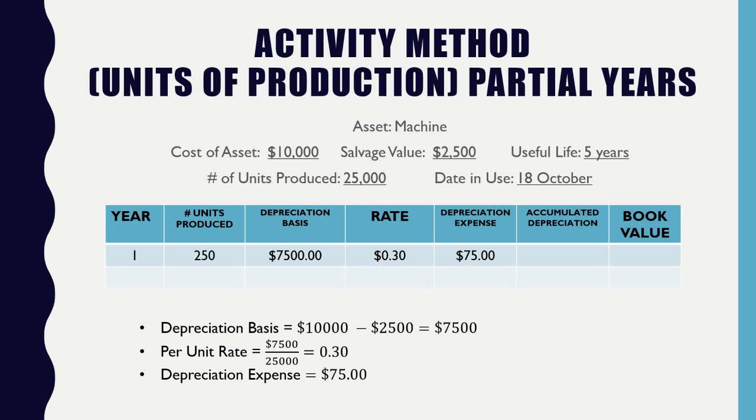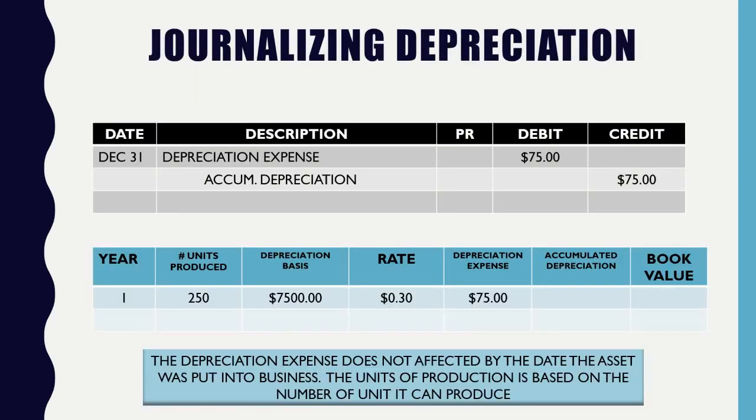Now notice this. My first year tells me that I only produced 250 units. When it's not time sensitive, the main idea here is we're not focusing on how long or how old the asset is to produce its amount.